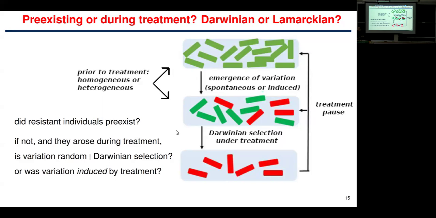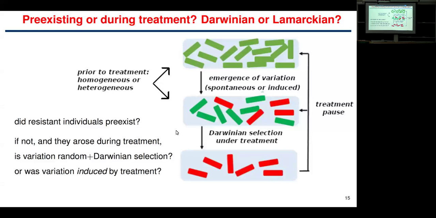So prior to treatment, we might have a homogeneous population, or maybe we have some sort of mixed population. And as we apply treatment, think of targeted therapy, or chemotherapy with the plants, okay? As we apply therapy, we destroy all the green guys, and then the red guys take over, right?